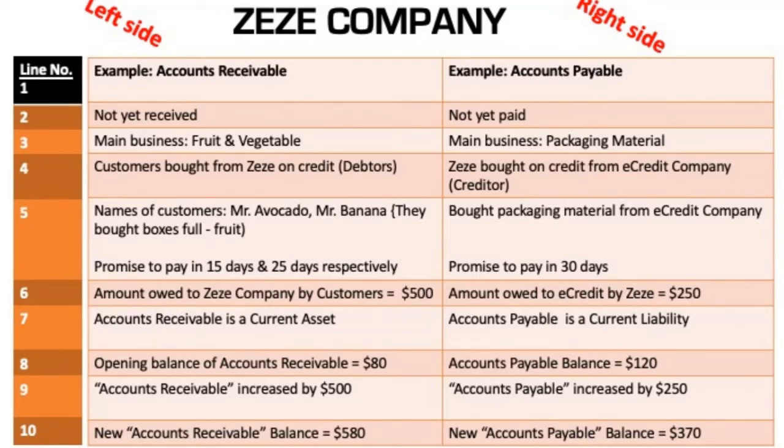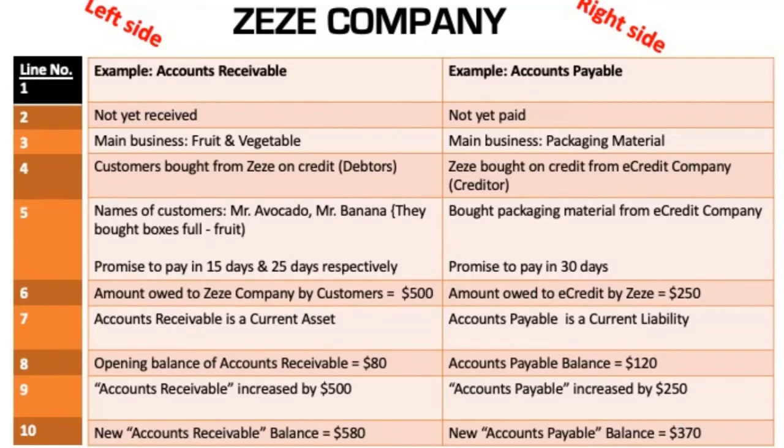At the time they came and started this business transaction, Zeze company had the balance of accounts receivable, which is 80 US dollars.